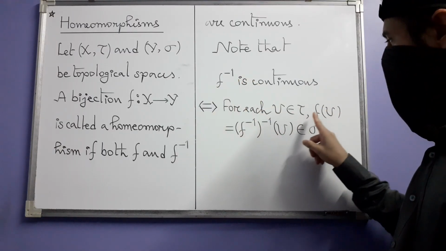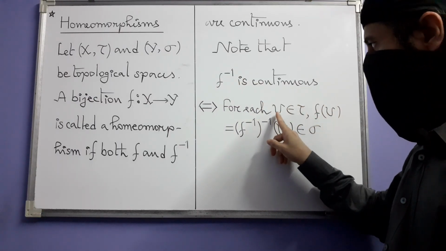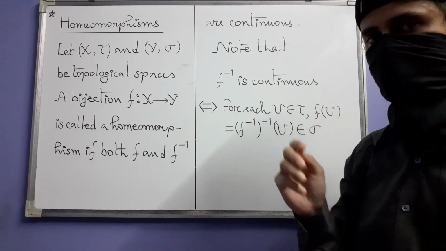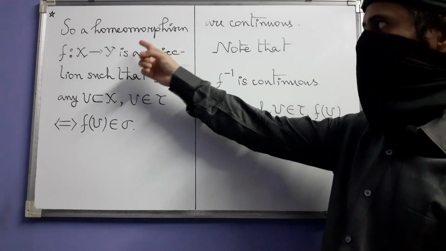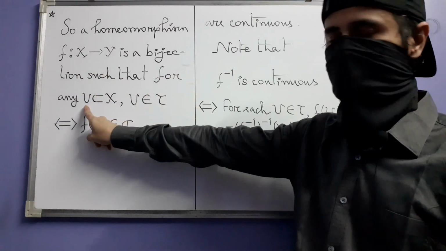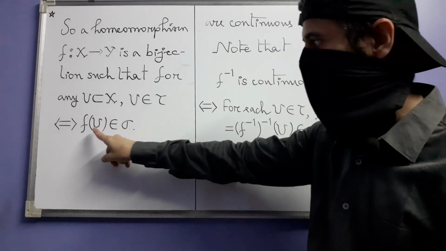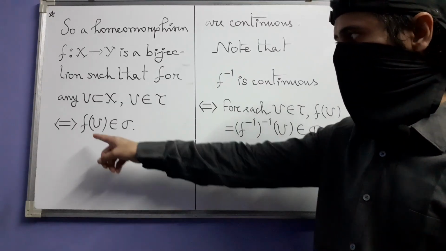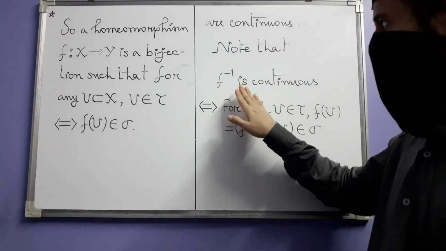And this, however, is nothing but f of U. So f inverse is continuous if and only if for each open set U in X, its f image is open in Y. So we can say this: a homeomorphism f from X into Y is a bijection such that for any subset U of X, U belongs to the topology tau if and only if its f image is in the topology sigma.